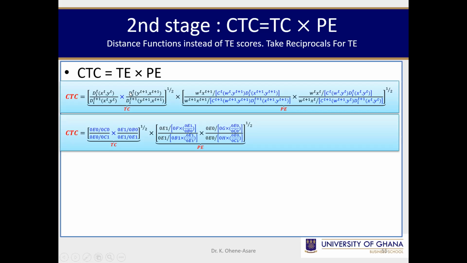So the values you are seeing here: OE1 over OB naught is the same thing here. This second one, OE1 over OE1, is the same thing here. This one, OE0 over OC0, is the same thing. And the last, OE0 over OC1, is the same thing on that section.